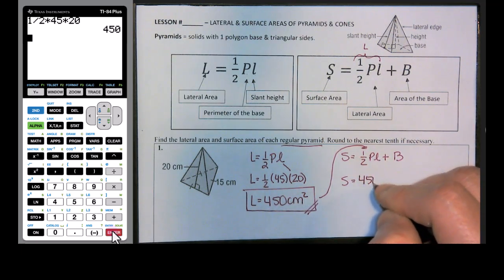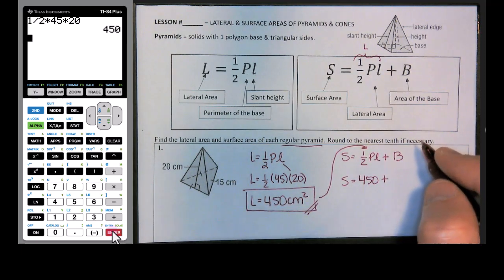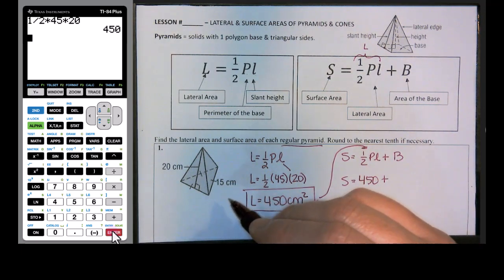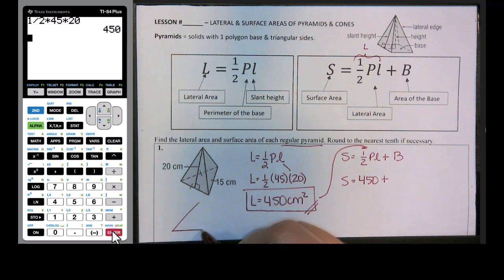Now the base is a triangle, so if we redraw the base right here, we know all the sides are the same, and because it's a regular triangle, all the angles are 60. If I draw the height right there in the middle, then this would be 30.